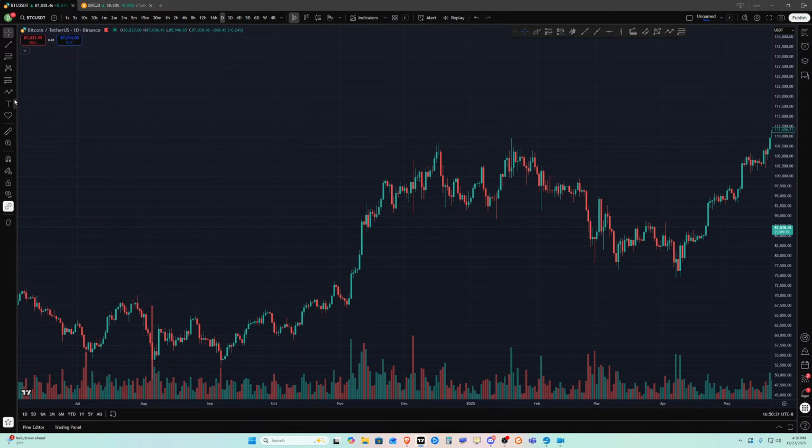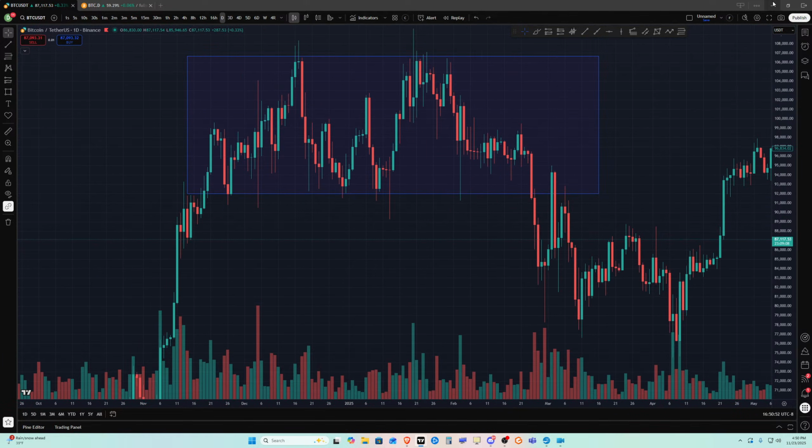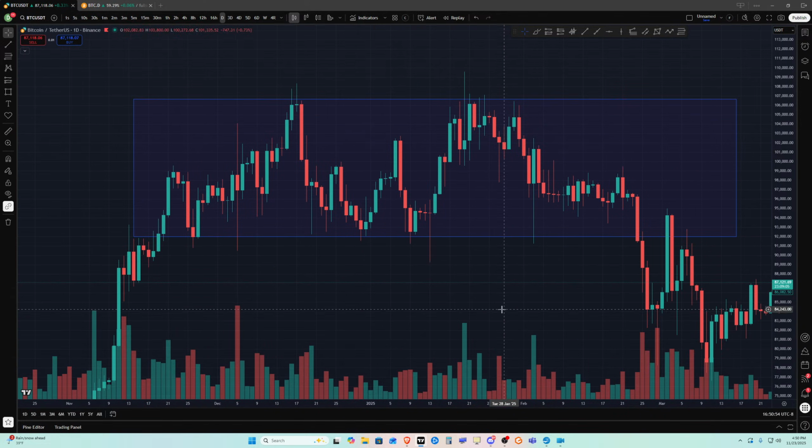Where's my box? Little box, range box. There it is. Here's the, let's go right there. I like to go with kind of what meets the most. So if we zoom in, you can see price came down here, got a support, went up, wicked down, came back up.